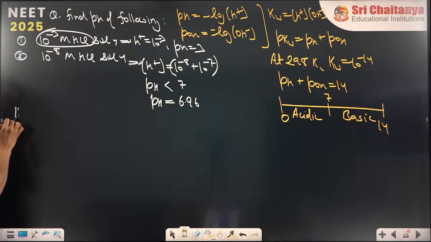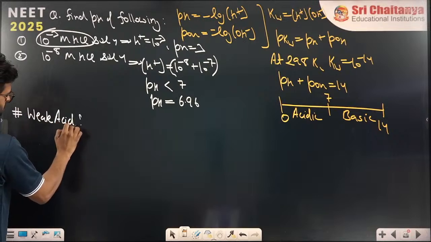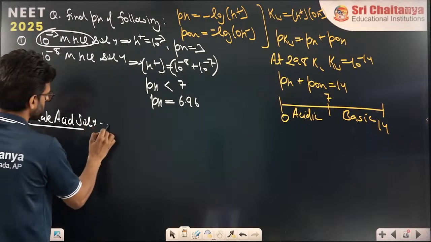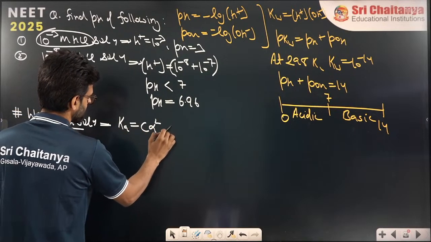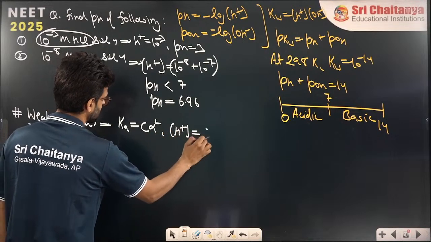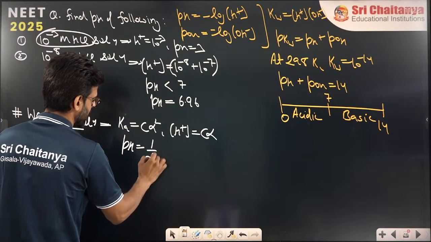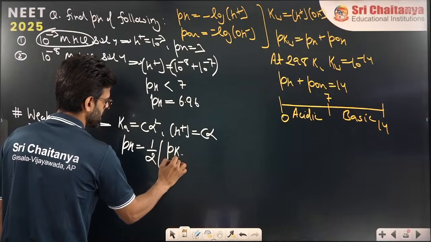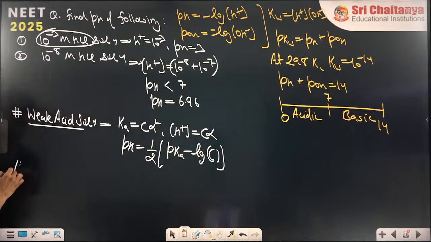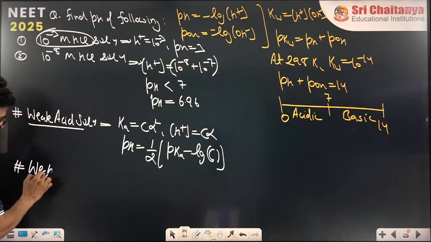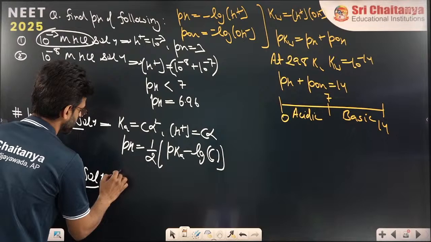Whereas if we discuss the weak acid solution, how do we find the pH? Ka is C alpha square, and H plus is C alpha. So the pH formula we have done already: half pKa minus log C. Whereas for a weak base solution, how can we find the pH?